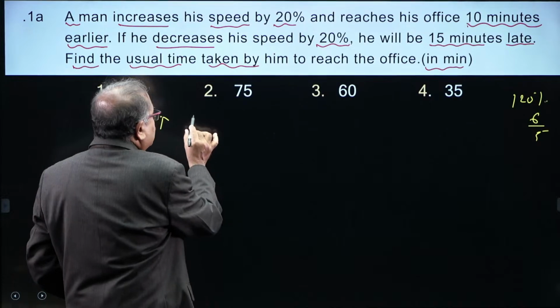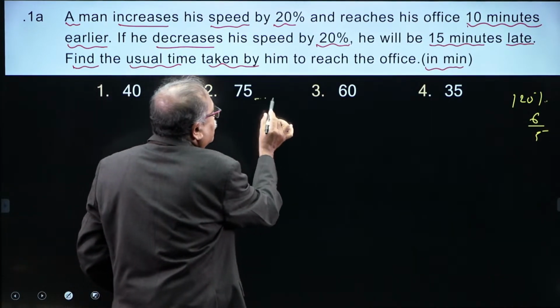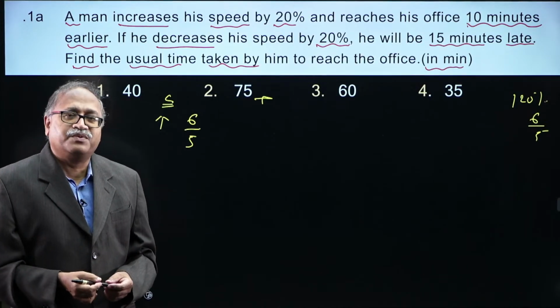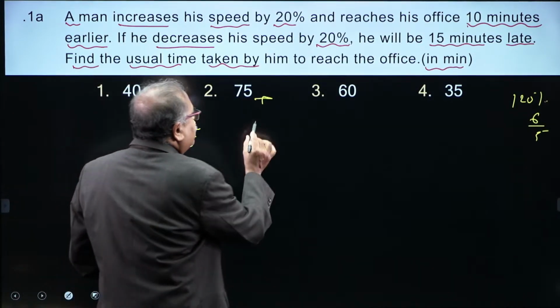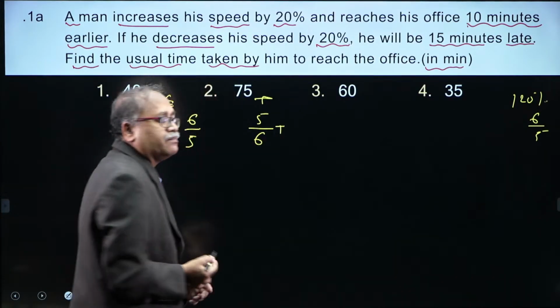So, when the speed becomes 6 by 5, what will be the time? Time and speed are inversely proportional, right. So, the time will become 5 by 6 of the usual time.